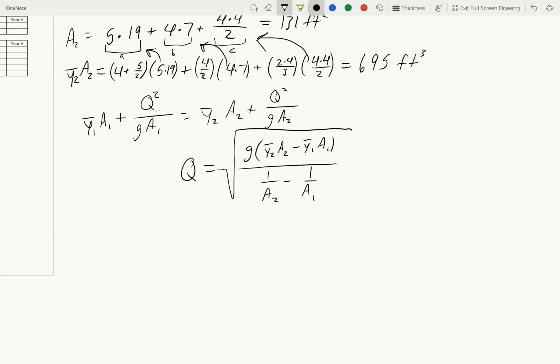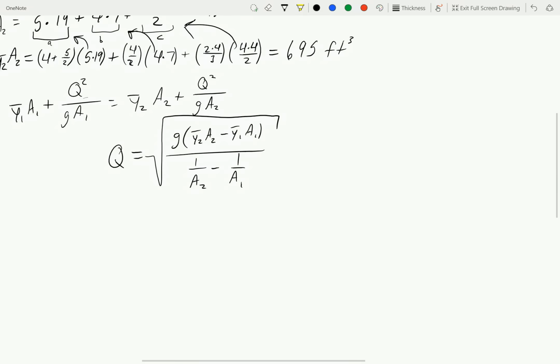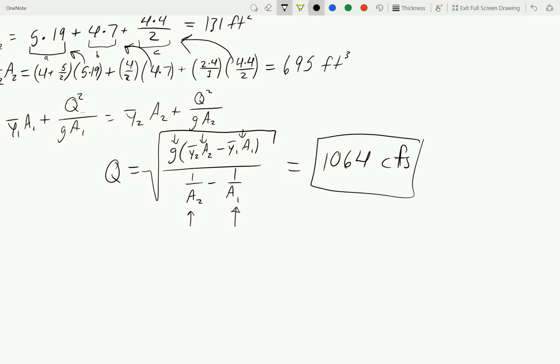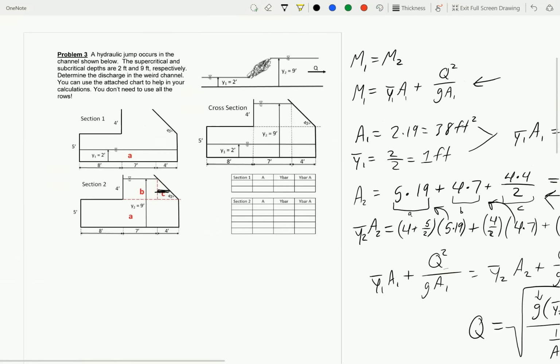And we know what G is, we know what y bar 2 A2 is, we know what y bar 1 A1 is, we know what A2 is, we know what A1 is. So if we plug all those values in, we get a value for Q to be 1064 CFS, and that is what the problem is asking for.